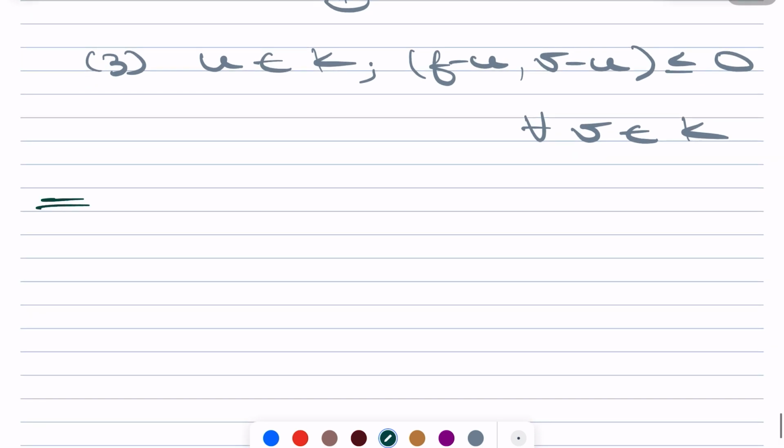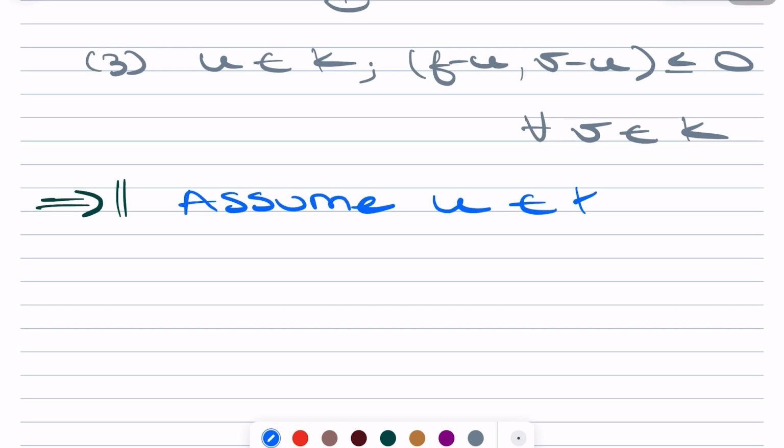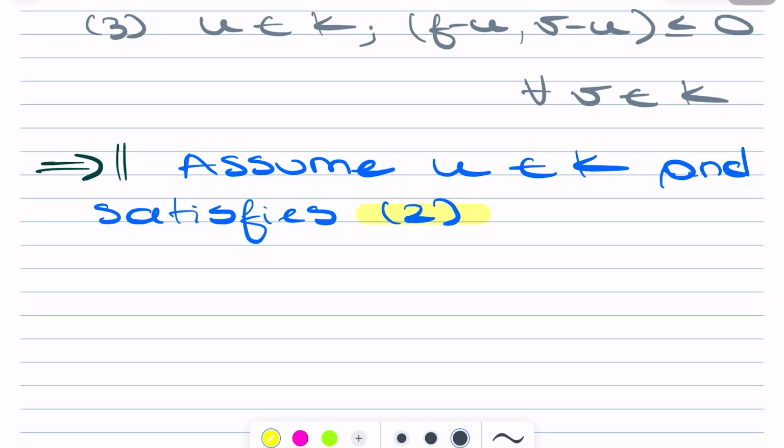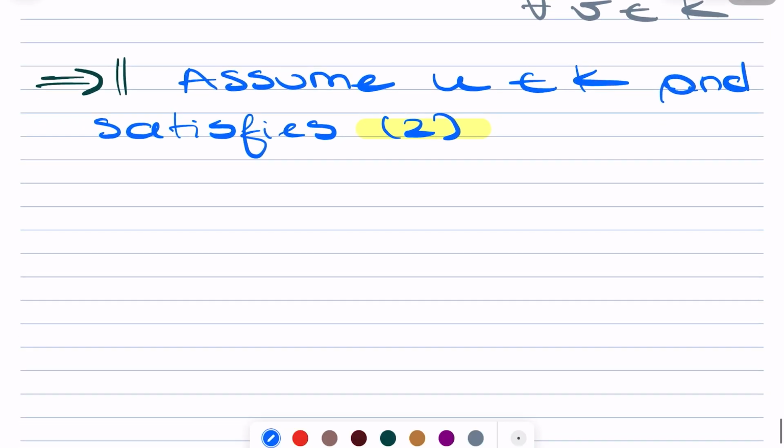So we start with the first implication. So assume u is in K, right, and satisfies 2, right? And let, we call it w now, in K, right?